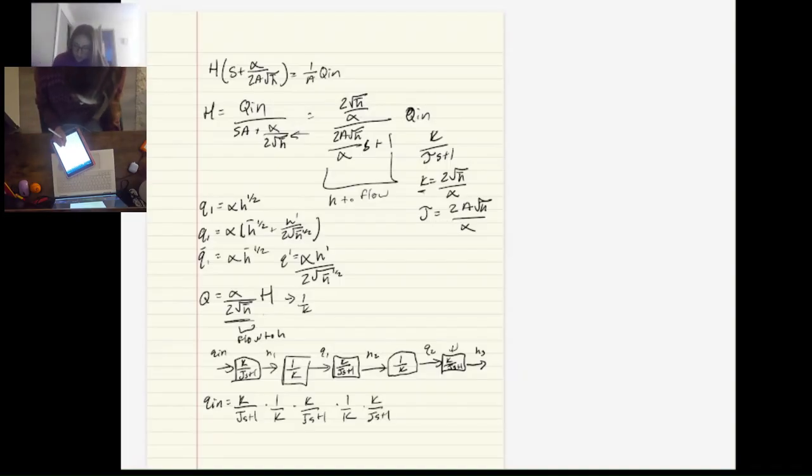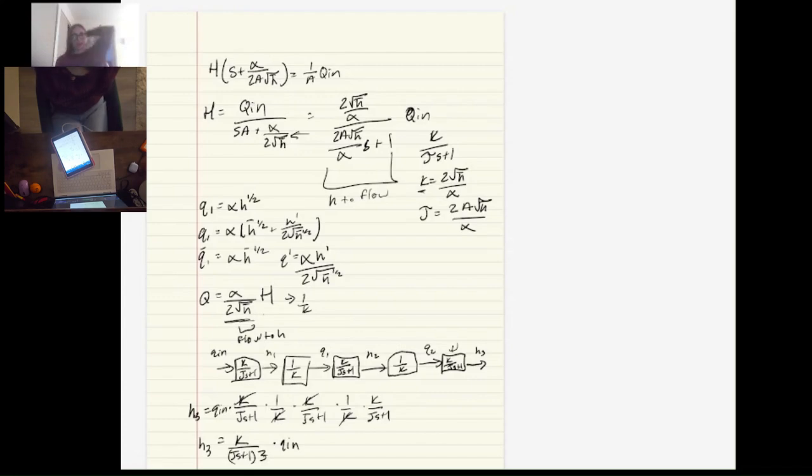So after that, we're going to cancel out our K's. So these cancel out, and then we just have this. So then we have K is equal to tau S plus 1 to the third power. And then this needs to be height 3 is equal to Qn times that. So then our Qn here times our H3.